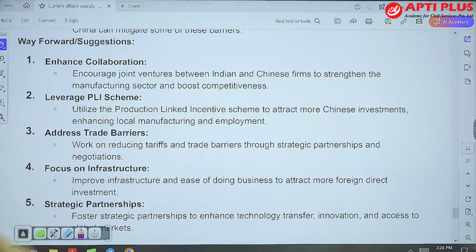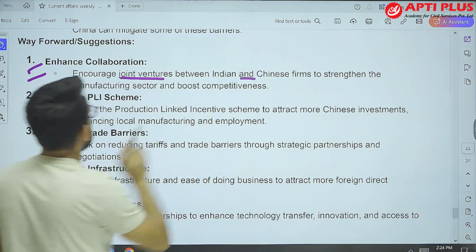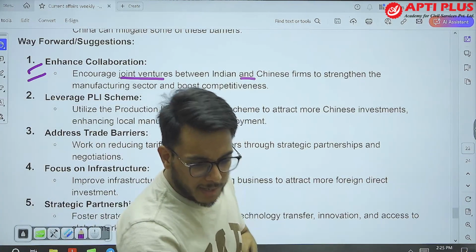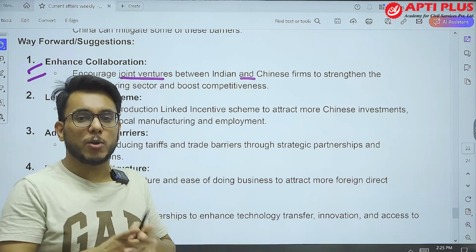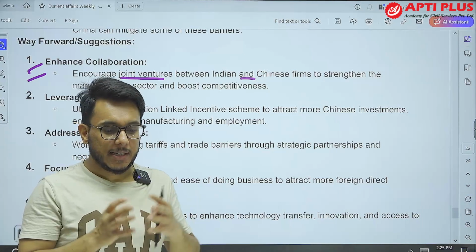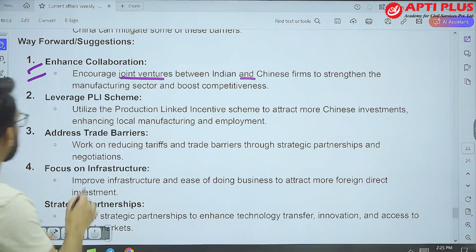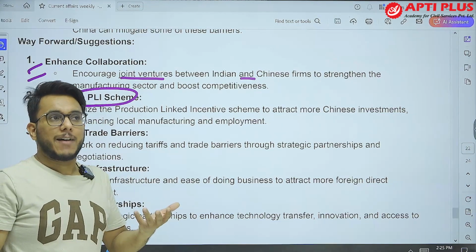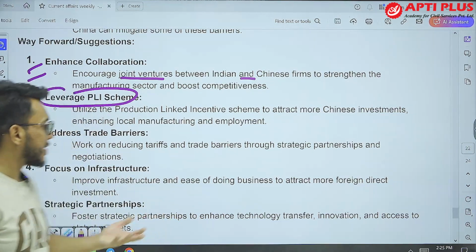So what is needed? Number one, we need to enhance collaboration. Joint ventures between India and China are to be promoted. Moreover, government to government collaboration and collaboration between business sectors is also to be enhanced. The PLI scheme is to be leveraged, it needs to be modified, and more financial outlays are to be provided to it.